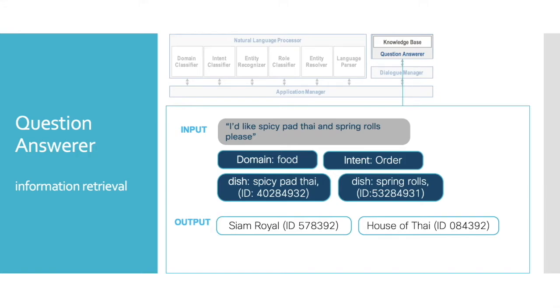In this example query, the user has not yet specified which restaurant they would like to order from. So the question answer can be used to search against the knowledge base and find restaurants at which these dishes are available. And in this case, that returned 2 possible options, Siem Royale and House of Thai, with their ID values.